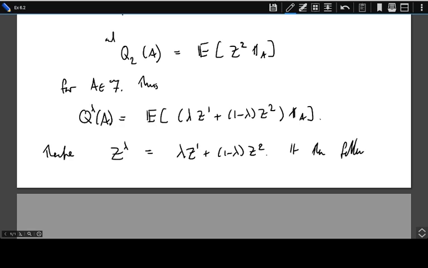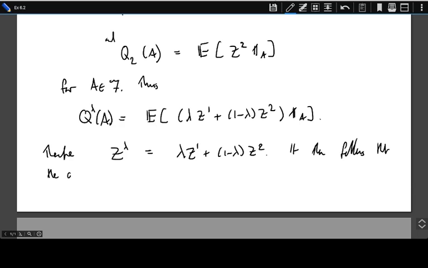It then follows that the density process, which is defined as the expectation of Z lambda given F_k, has the following form.